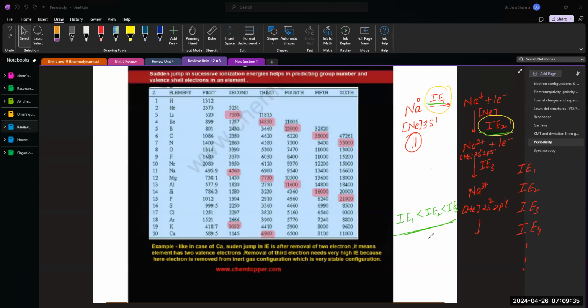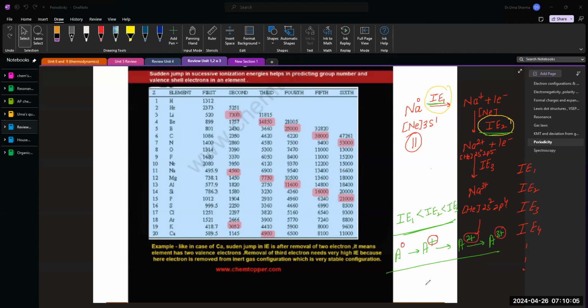But this is the regular order. If there is no noble gas configuration, still this is the order. Why? If I give you an element A, remove first electron, it will become A plus. Remove second electron, it will become A2 plus. Remove third electron, it will become A3 plus. It will become harder to remove electron. Why? Because the element has positive charge.